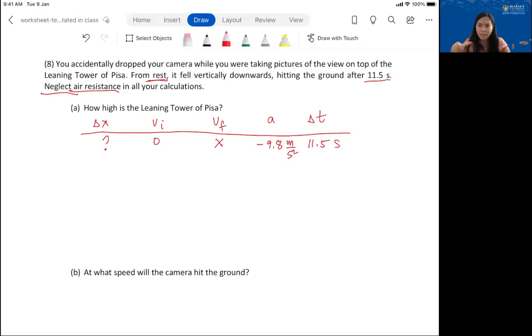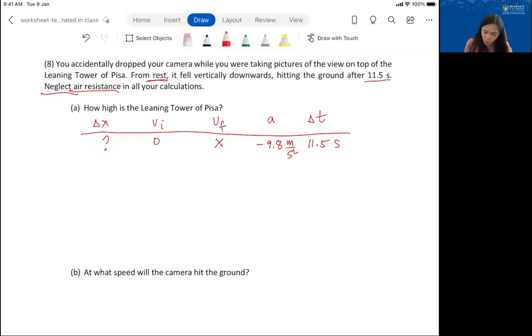So usually we give you very little information in terms of the actual numbers that you can see in the problem, but there's actually more information that you can pick out, like acceleration is always negative 9.8, and then from rest, that's 0.